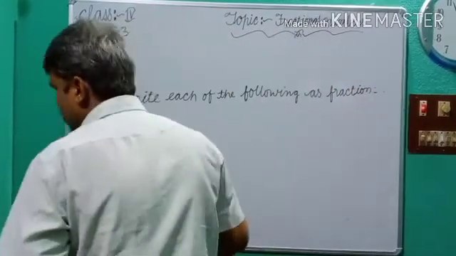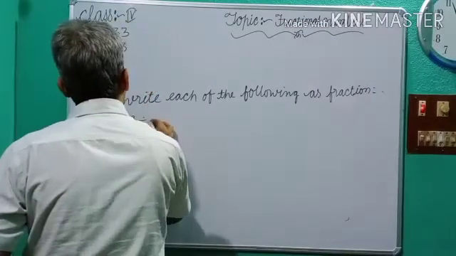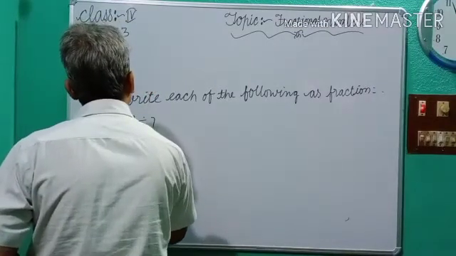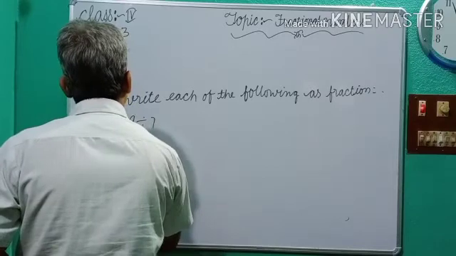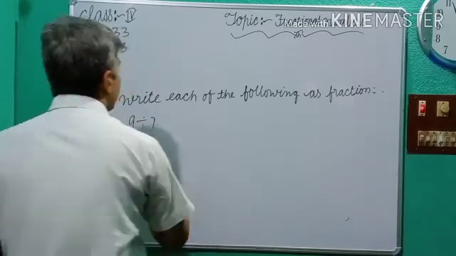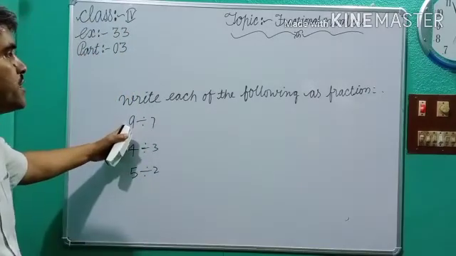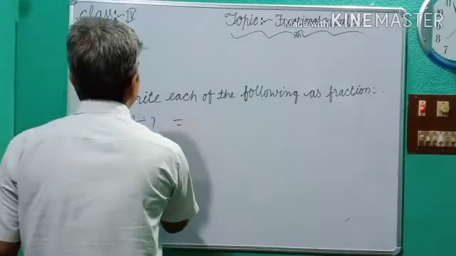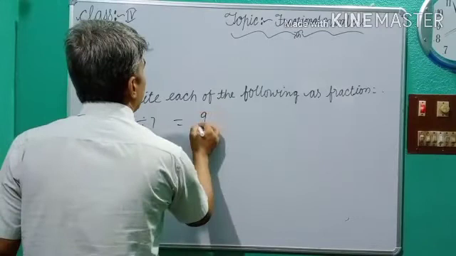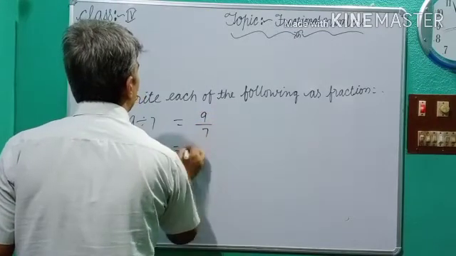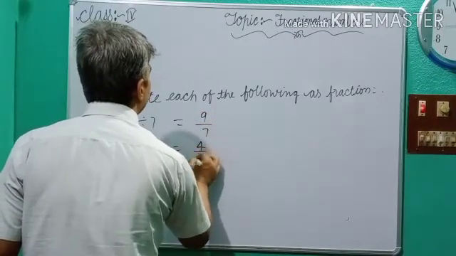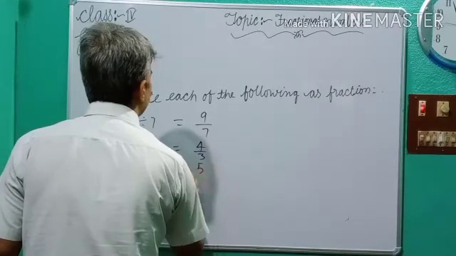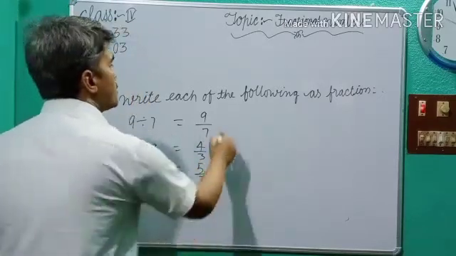Dear students, 9 divide 7, 4 divide 3, 5 divide 2. This is the form of division. Write into fraction. So 9 is the numerator and 7 is the denominator. 4 is the numerator, 3 is the denominator, 5 is the numerator, 2 is the denominator. This is the fraction.